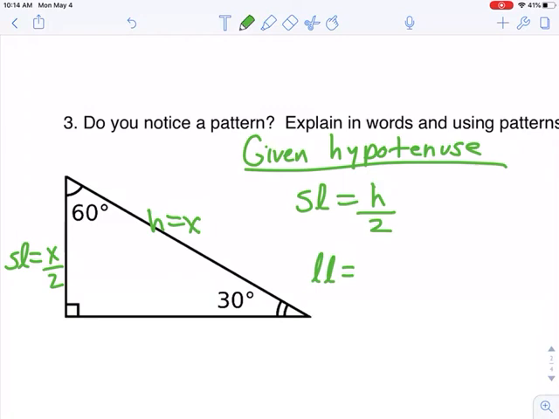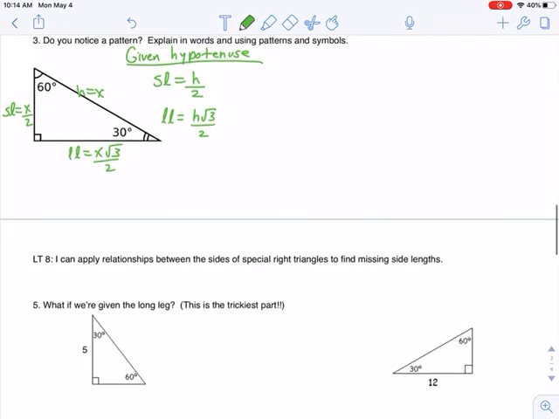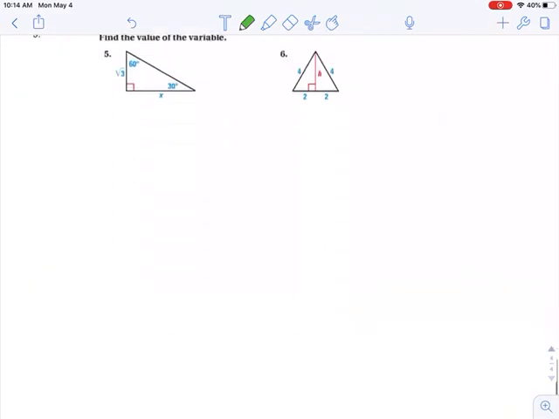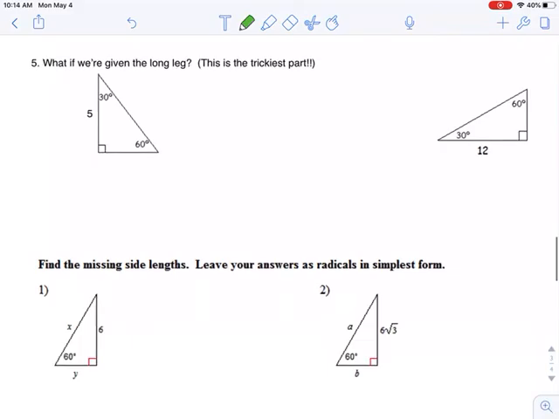And then the long leg equals the hypotenuse times radical 3 over 2. So over here, that'd be x radical 3 over 2. That's it. That's the rules. That's the punchline. In the next video, we're going to do given the long leg. This one's a little bit more hard and goofy, but we will prevail.